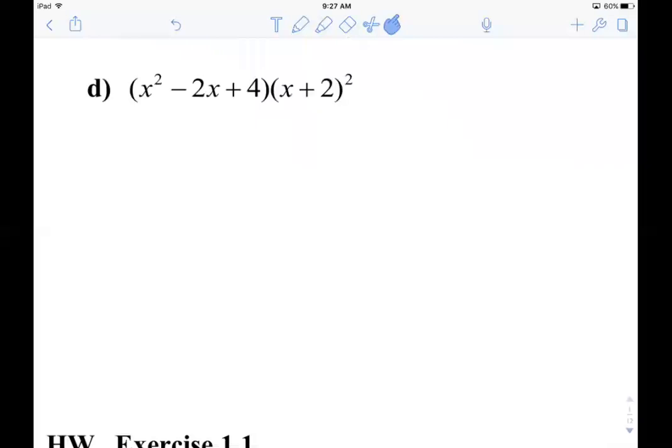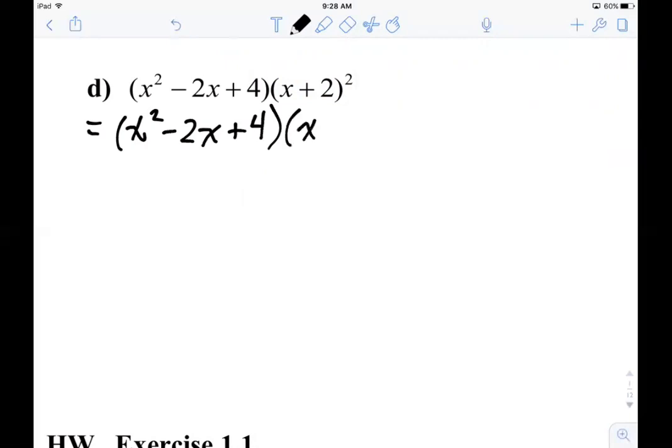So now we've actually got a trinomial being multiplied by a, well, what looks like a binomial, but this binomial itself is actually squared once again. So to deal with that, I'm going to start by doing the same little trick that I did before, which means I'm actually going to just rewrite this first trinomial as is. And remember, I call it a trinomial because there's 3 terms in it.